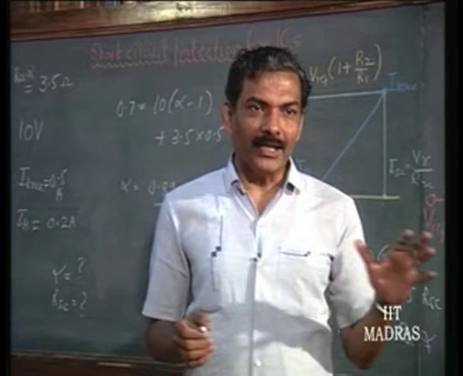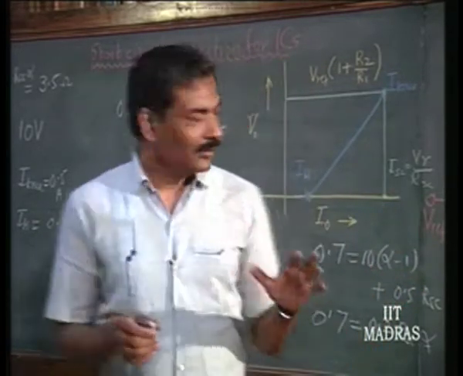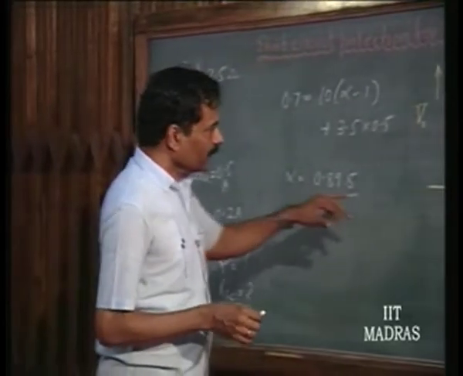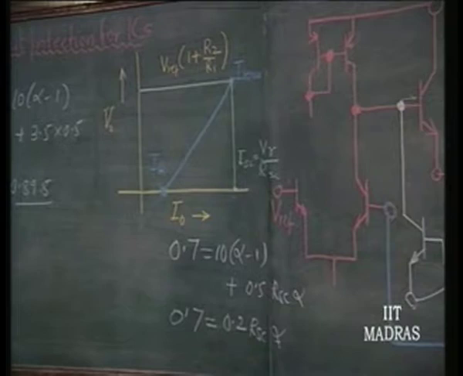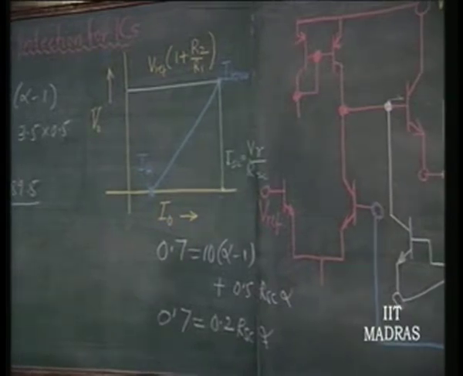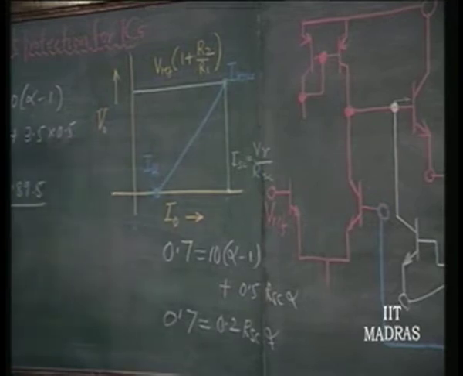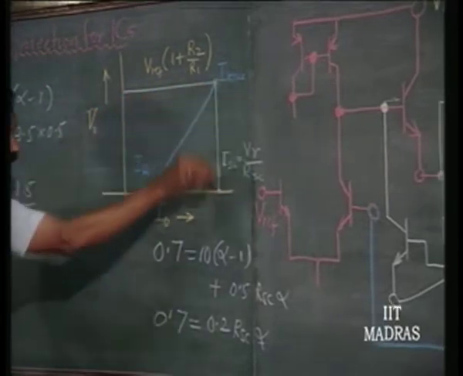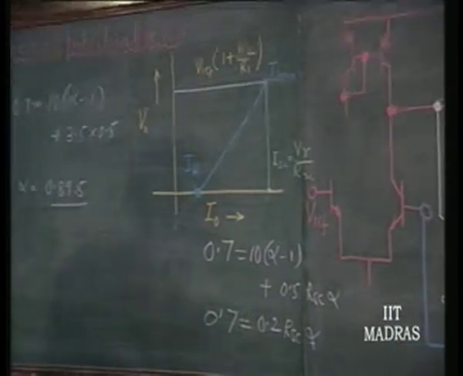That means I will take that alpha which is going to be such that this particular current is as small as possible. Even that may be a dangerous thing. Why? Already we have seen that suppose I have this kind of short circuit protection at 0.5 amperes.